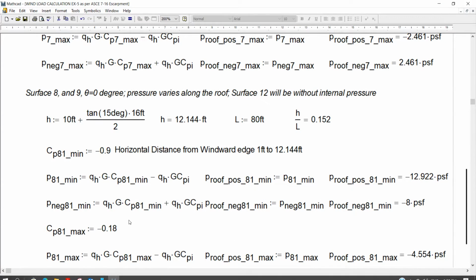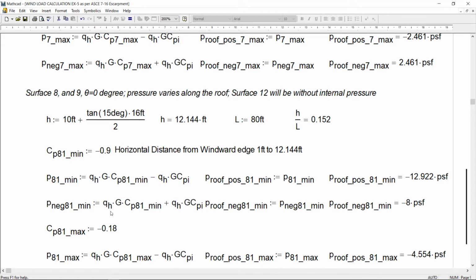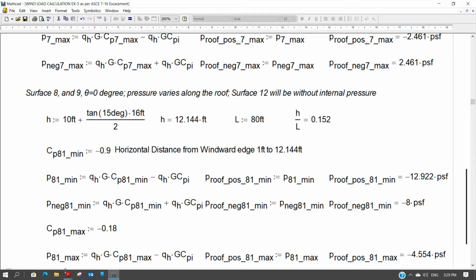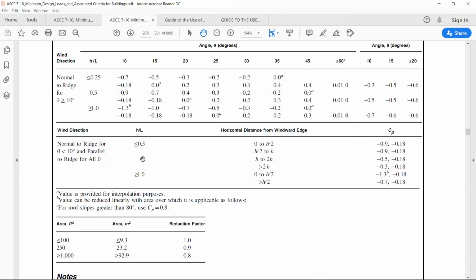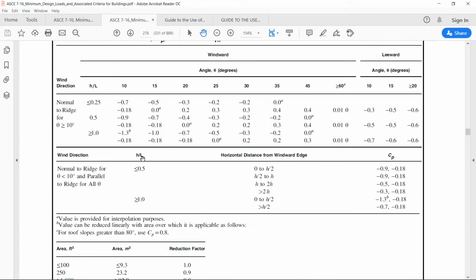So let's see this value. Here, when the wind direction theta is less than 10 degrees, from 0 to h by 2, that means 0 to h, the value of Cp is 0.9 and minus 0.18.